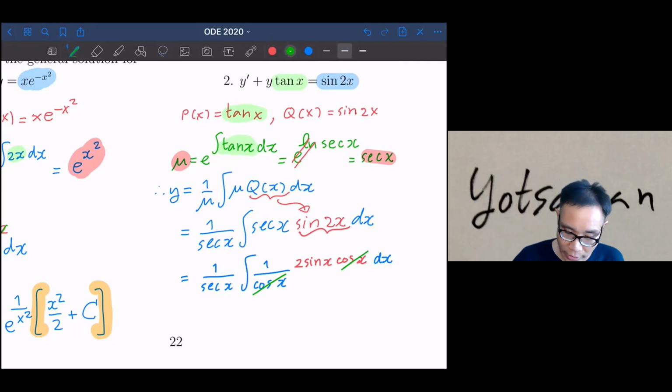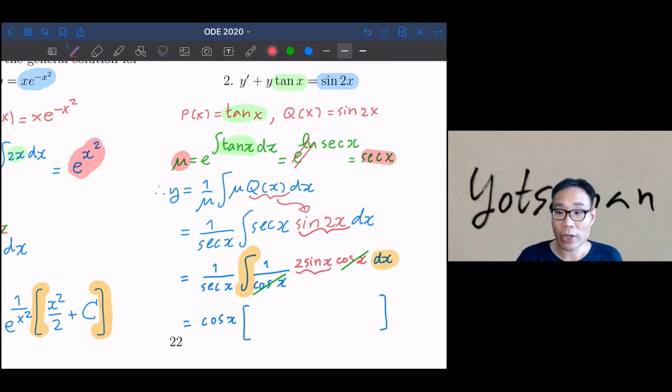So you integrate sine 2x dx. Let me put parentheses. So 1 over sec is equal to cos x, and I change the integral to parentheses, and I will integrate sine 2x, which gives 2 sine x.